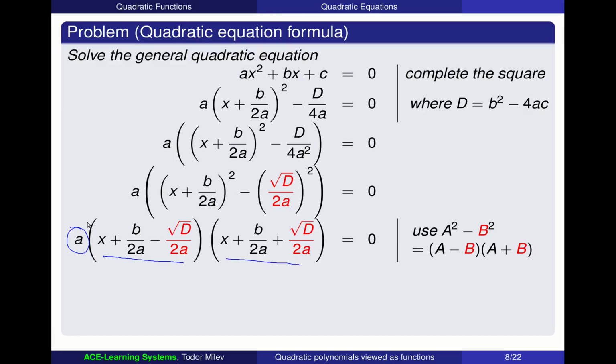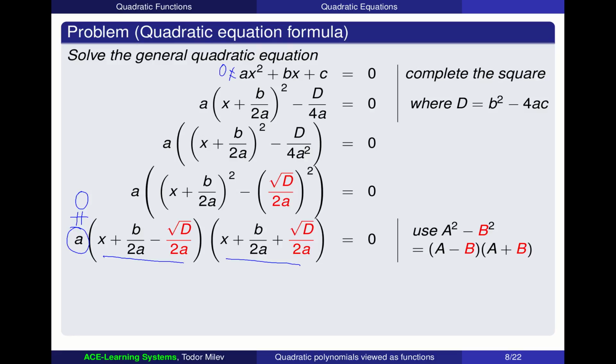Either this a must be 0, but that's not the case because a is not equal to 0. When we write down a quadratic equation, it is always implicitly assumed that a is not equal to 0. That was an assumption from the beginning, else we wouldn't have been calling this equation a quadratic equation. So a is not 0.